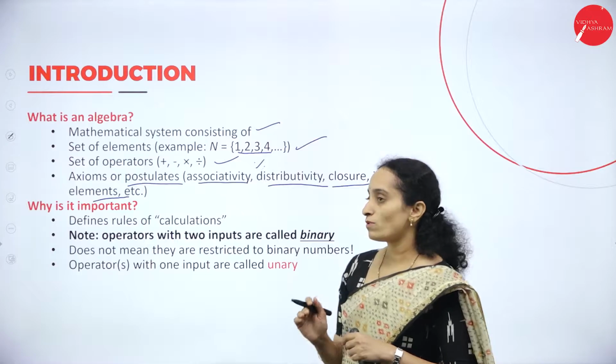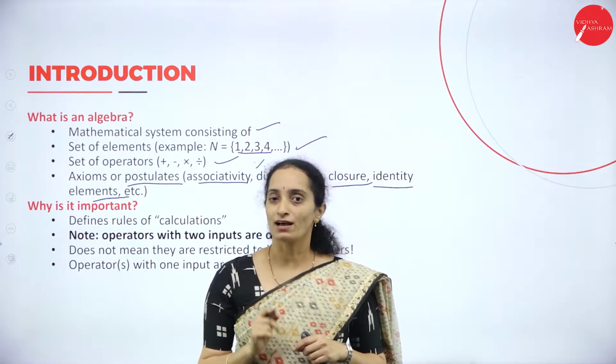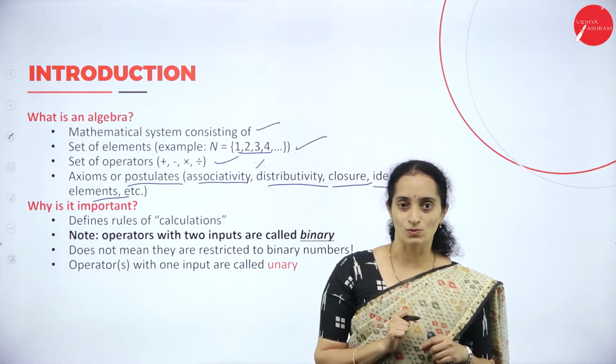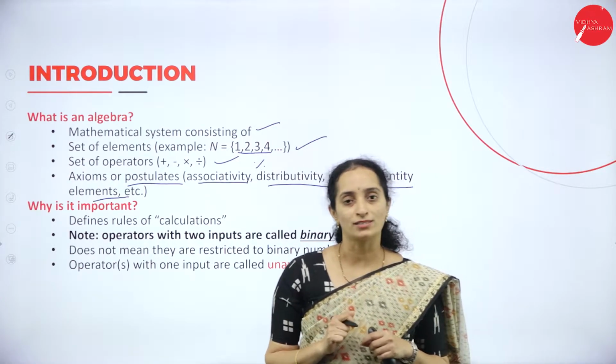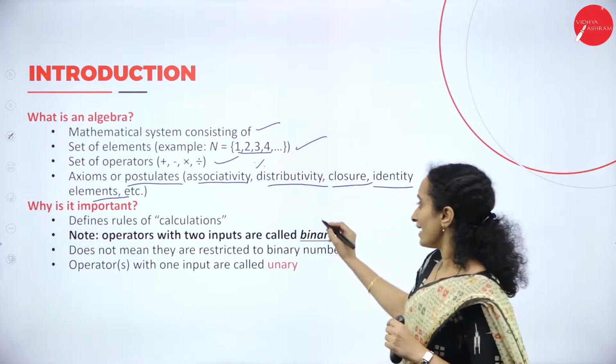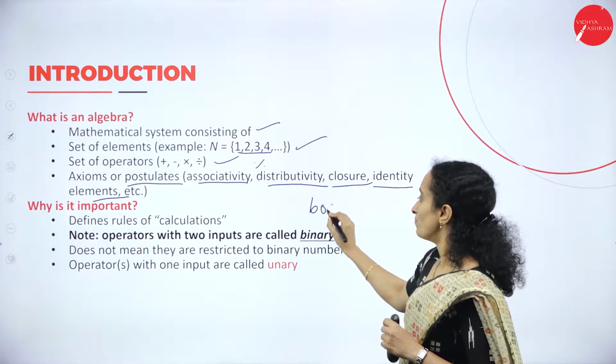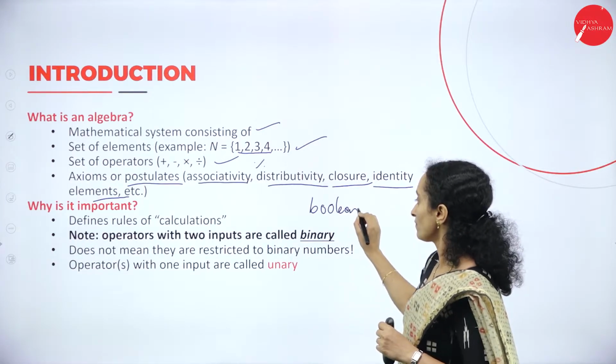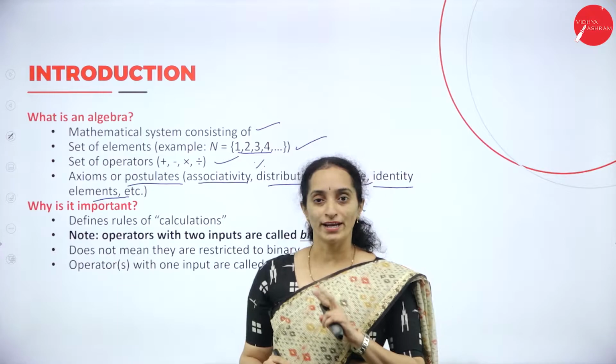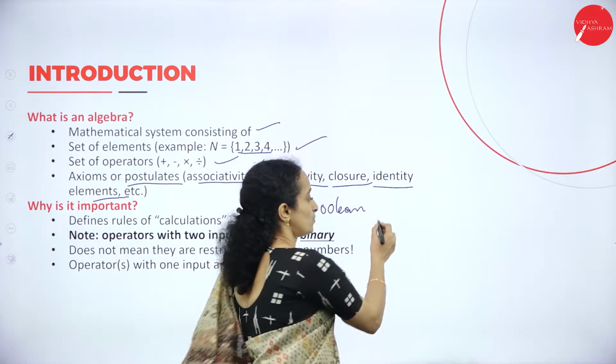What is Boolean algebra then? We have studied general algebra in schools. What is this Boolean algebra? As I said, the term Boolean refers to only two values. What are those two values?